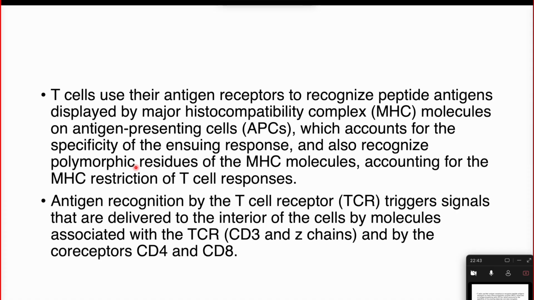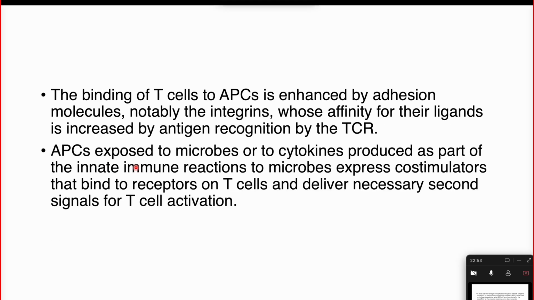Antigen recognition by the T cell receptor triggers signals that are delivered to the interior of the cell by molecules associated with the TCR and by the co-receptors CD4 and CD8. The binding of T cell to APC is enhanced by adhesion molecules, notably the integrins, whose affinity for their ligand is increased by antigen recognition by the TCR.